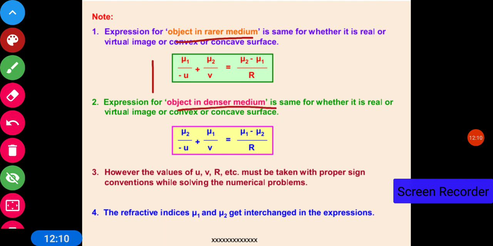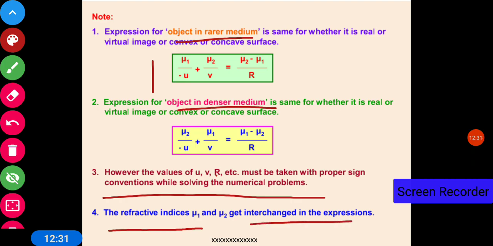When the object is in the denser medium, then mu2 upon minus u plus mu1 upon v is equal to mu1 minus mu2 upon r. However, the values of u, v, r, etc. must be taken with the proper sign convention while solving numerical problems. The refractive indices mu1 and mu2 get interchanged in the expression.